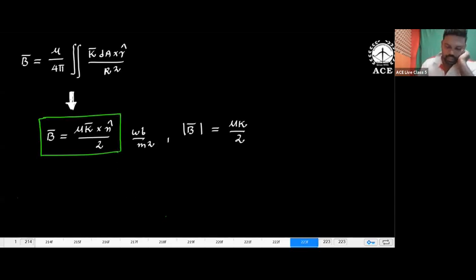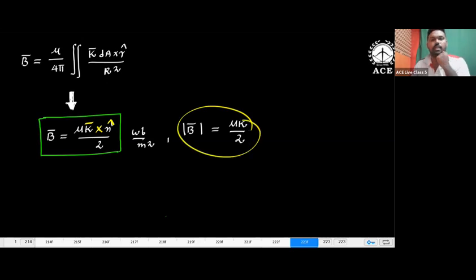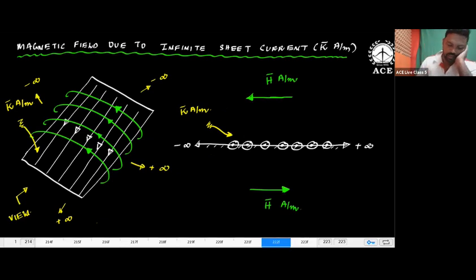Why is there a cross product here? Because it is the current direction cross the unit vector. The magnitude mu K by 2 is the magnitude of the magnetic field intensity. If you want to find the magnetic field direction, the current is coming outside, you need to take the normal here. N cap is a normal.